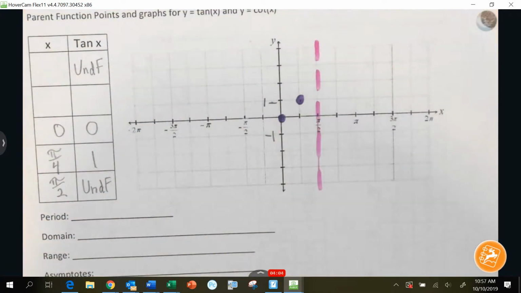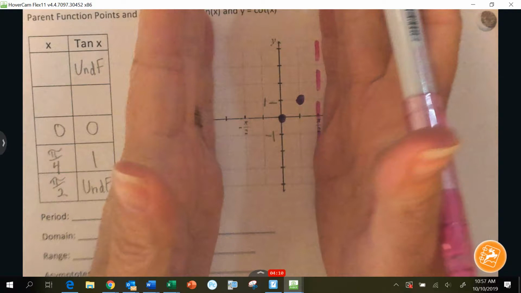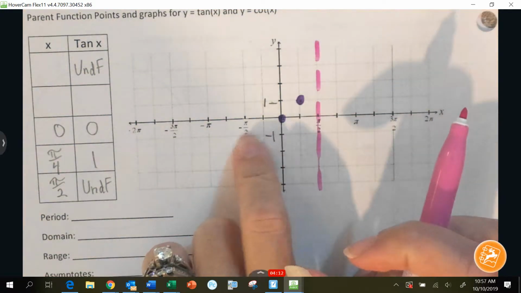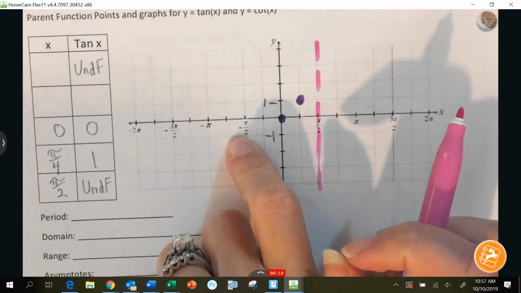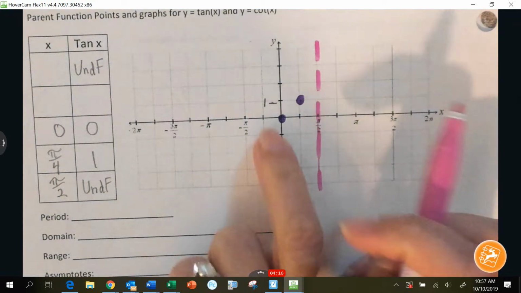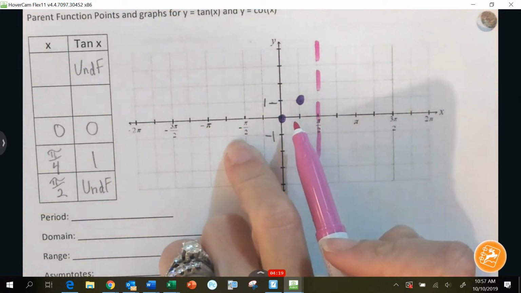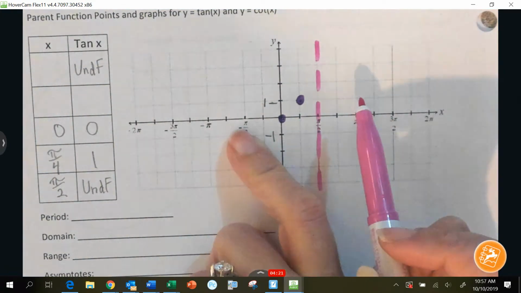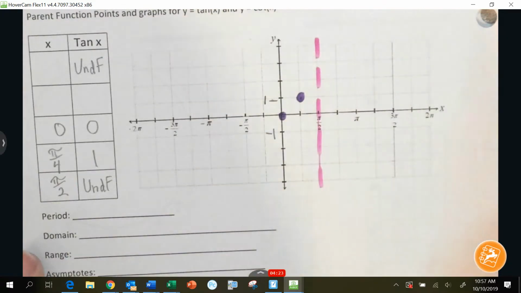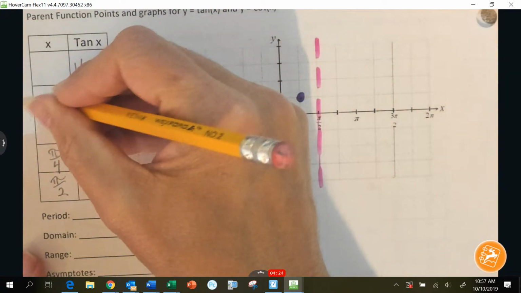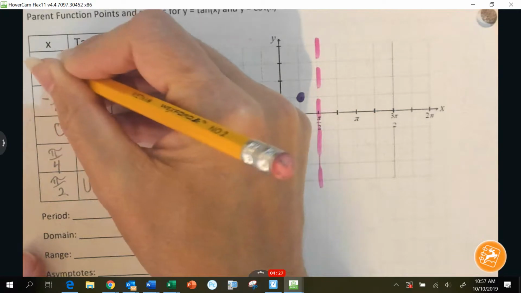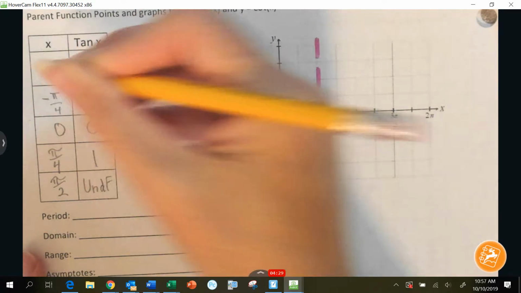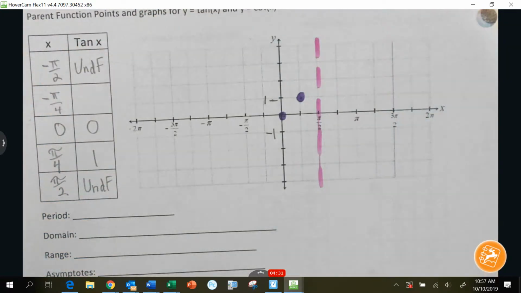Okay? So when I'm talking about graphing asymptotes with the stuff in between, we decided to go backwards to get the other asymptote. So we're going backwards, negative pi over 4 to negative pi over 2. You guys understand what I'm talking about? No? Yes, no, don't know, maybe, not sure.